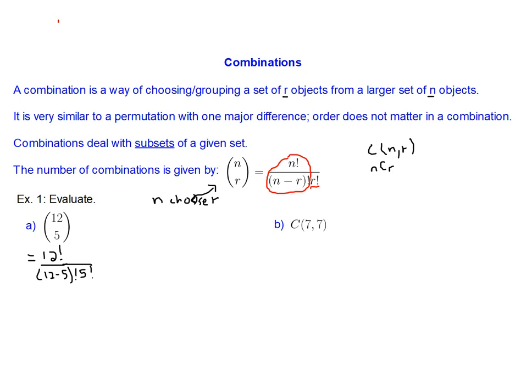When you do this on your calculator, make sure that you indicate somehow that you want to divide the 12 factorial by all of this. You use a set of brackets, or you can press the equal sign. If you just type 12 factorial divided by 12 minus 5 factorial times 5 factorial, the times 5 factorial is going to do something different instead.